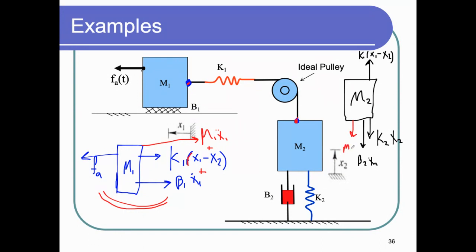So M2 X2 double dot. And we have also another force. What is that force? mg, correct. So we have m2g. So let me plot it here.